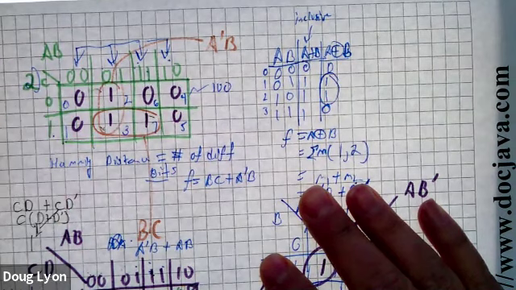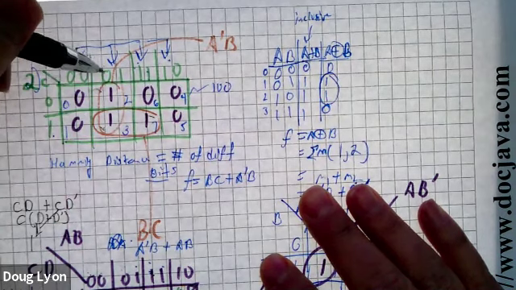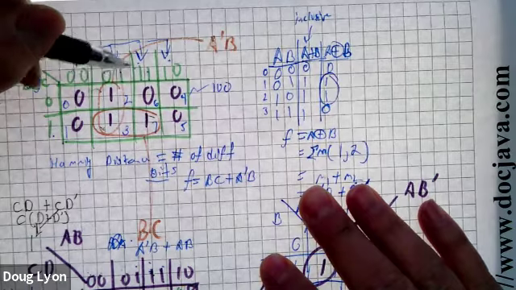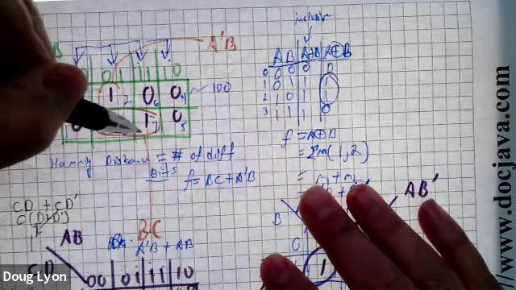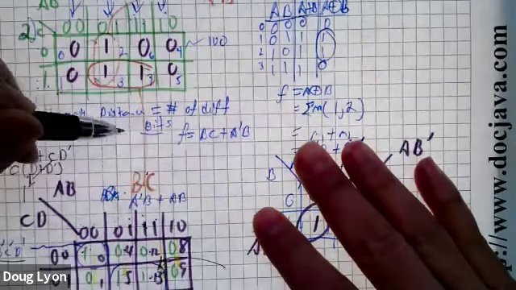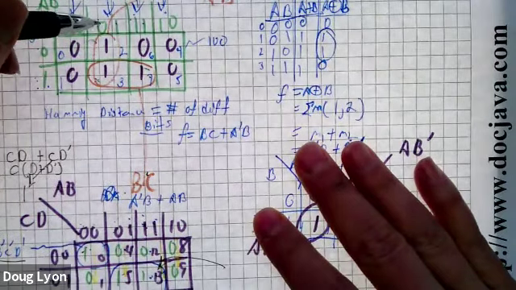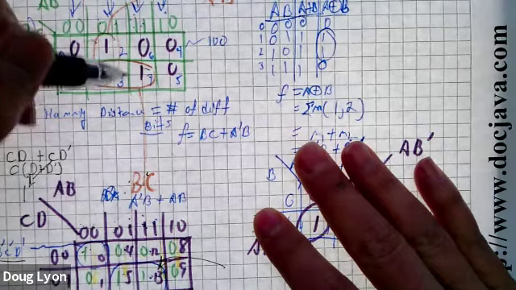So we see looping in this direction, A is going to be 0, so we got A prime. B is going to be equal to 1, so we got B. C is changing, so it gets canceled out. Looping in this direction, we see C is going to be a 1, so C is uninverted. We also see A is changing, so it's eliminated, but B is not changing, so it's a 1.